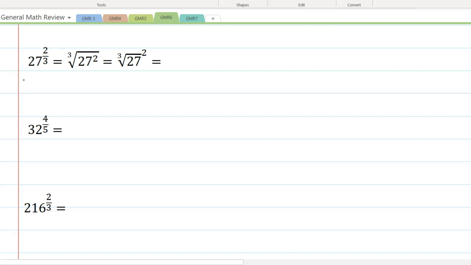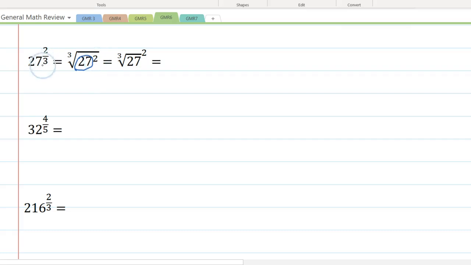So let's take a look at 27 raised to the 2/3. The 27 is my base. It's the big number that's going to be inside the radical symbol, which is called the radicand. The 2 is my exponent. It's literally saying 27 squared. Now the square can go on the inside or on the outside. When you have a problem given to you with the square on the inside, you can move it to the outside. If you'd prefer to move it from the outside to the inside, that's perfectly fine.